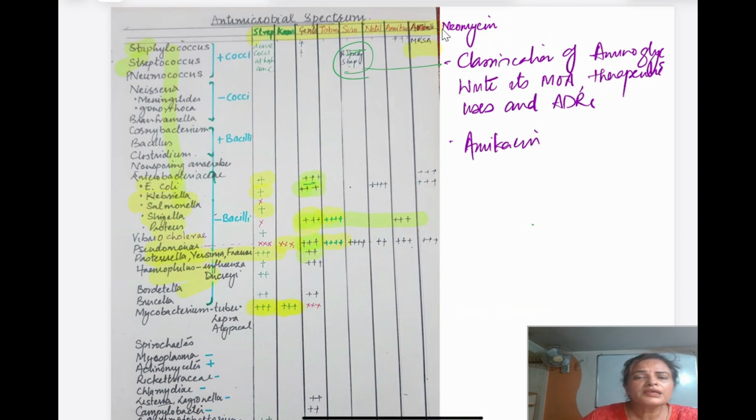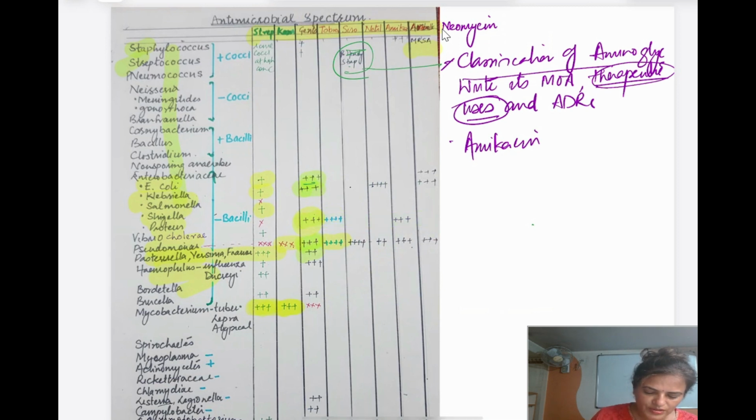Now, because we are getting such type of question, do you not have to read or memorize the antimicrobial spectrum? No, because you are supposed to write the therapeutic uses. So how will you write the therapeutic uses? If you know against which microorganisms it is effective, then you can write like in this slide, how I have made this one.